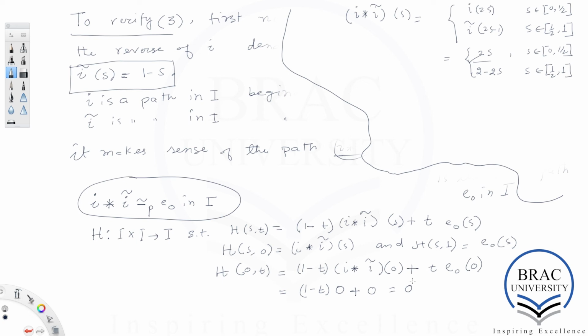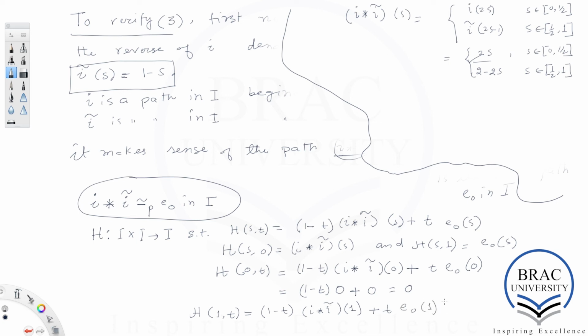Okay, so now H at (1, t) is equal to (1 minus t) times I star I twiddle at 1 plus t times E0 at 1.